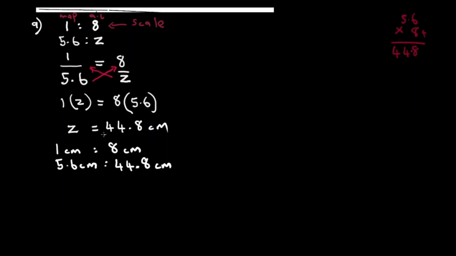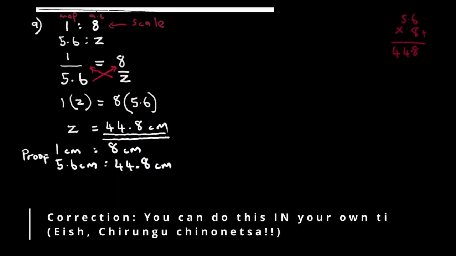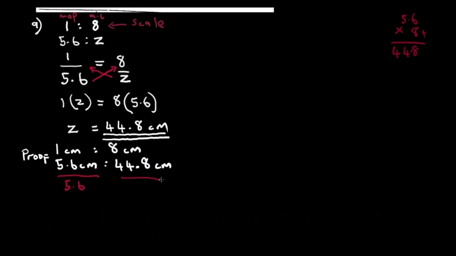So this is going to be our final answer. We did this just as a matter of proof, because you can do this on your own time. If you divide 5.6 here and also divide 5.6 here, you are going to come back to 1:8. Okay, we are done with the first part of our question.